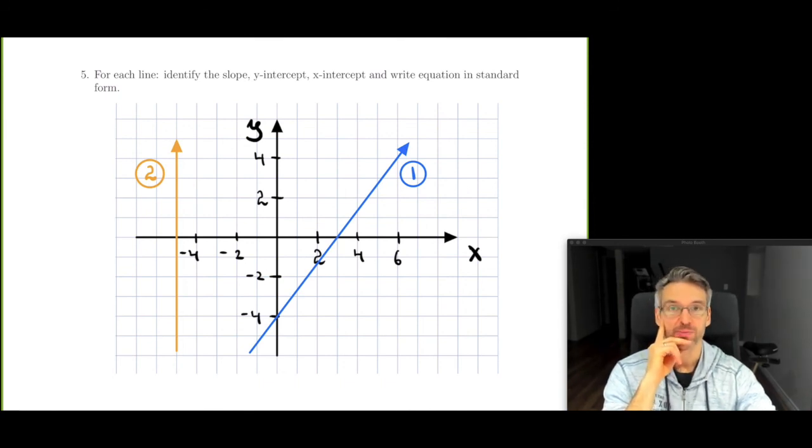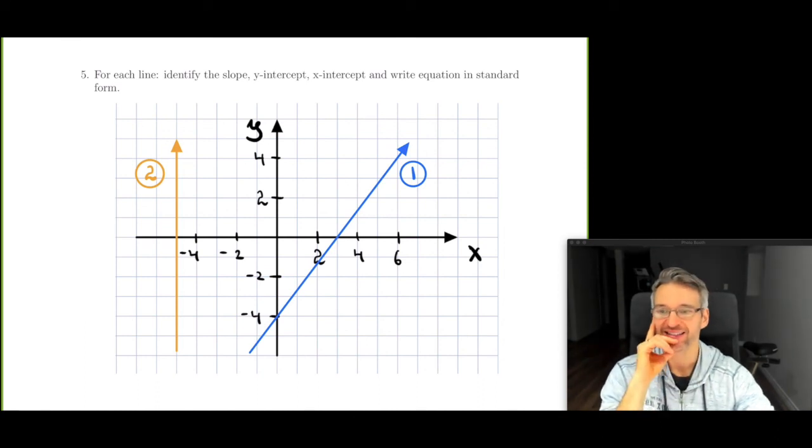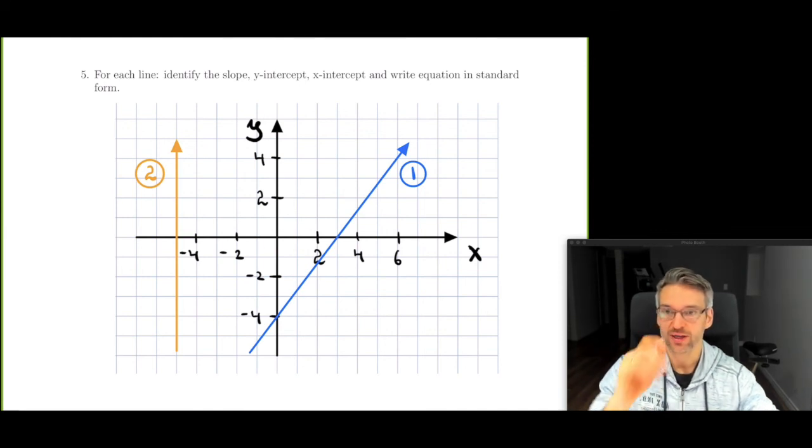It's going to be a little bit annoying, but we will do it. Okay, so we have a vertical line, and that one is going to be a little bit easier to tackle. And then we have a line, which is the blue line, that goes through both the x and the y axis. That one has some positive slope. Okay, so let's try it.